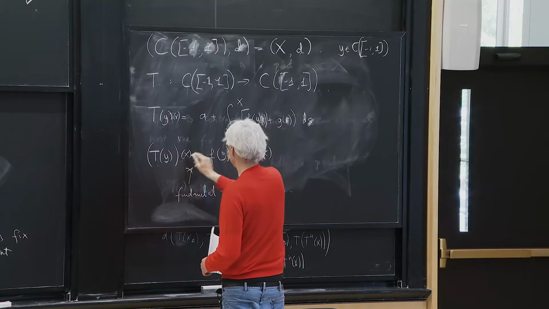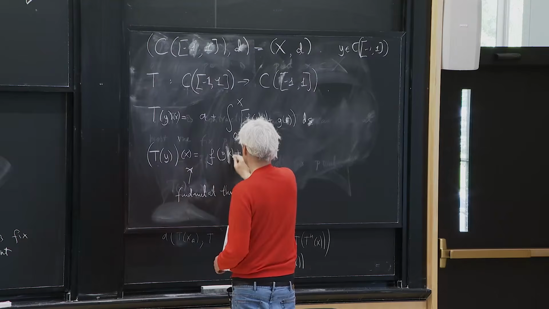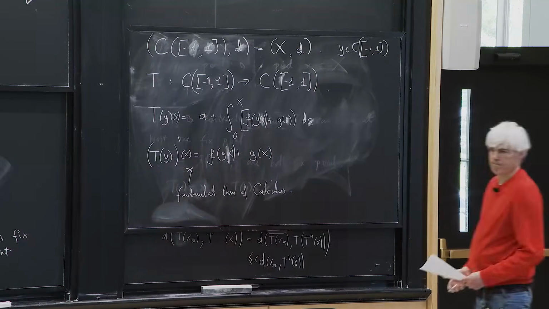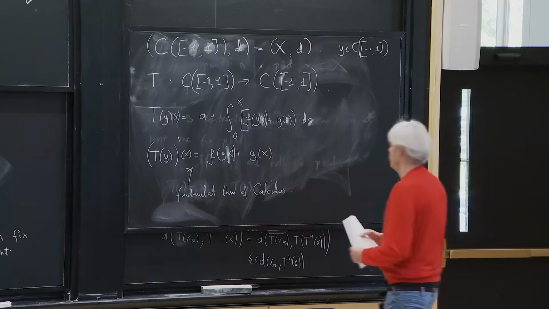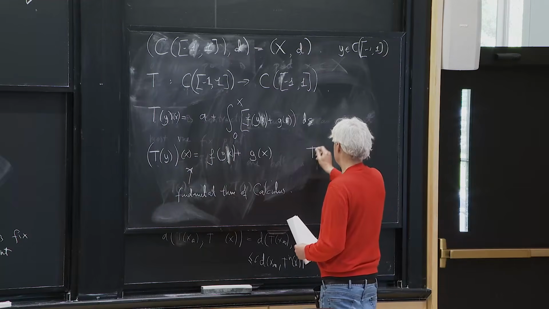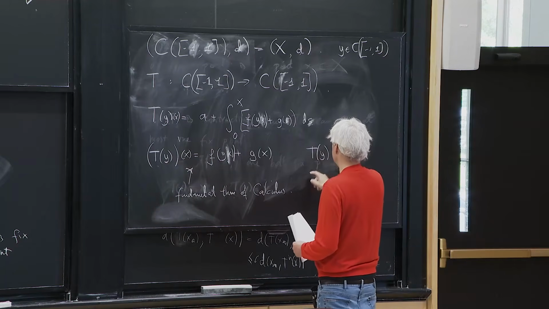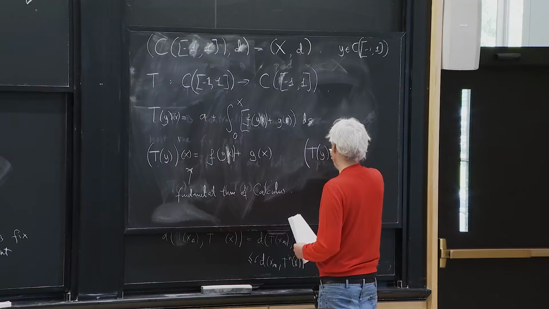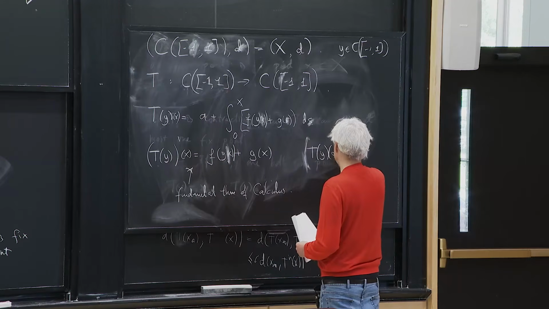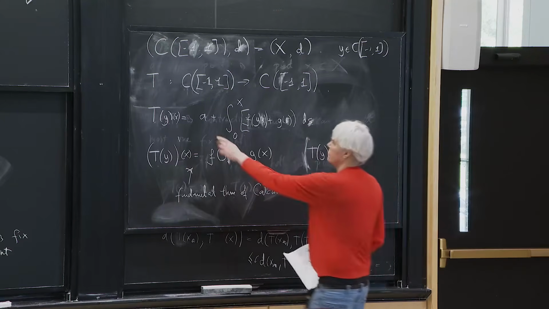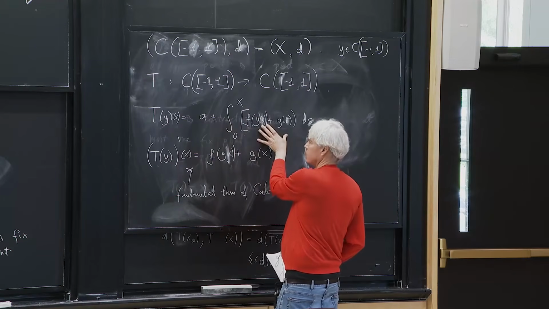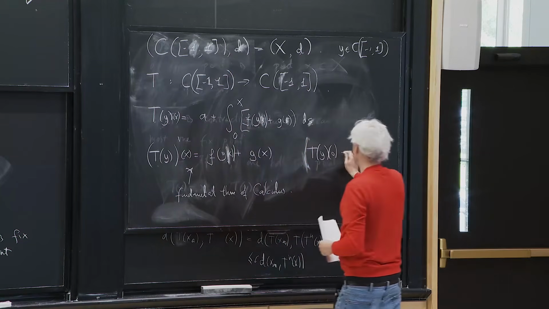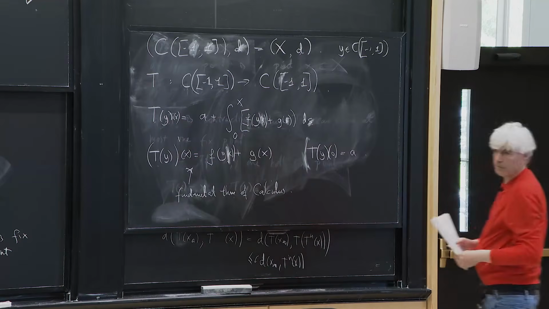And if you want to write x in, then it should be like this. And then one more thing you observe, which is also immediate: if you take a continuous function like this and evaluate it at 0, if x is 0, then this integral is over just a point, so this here is 0. So this means that the value here is a. Right? Okay.